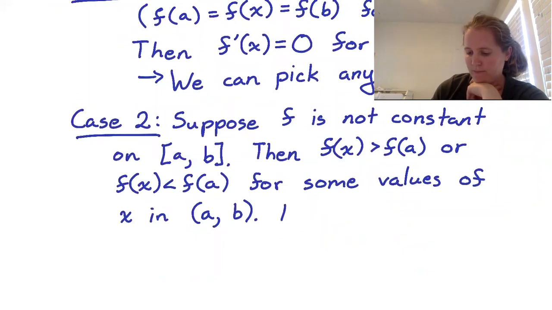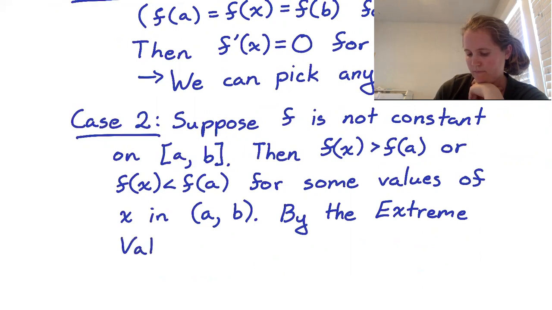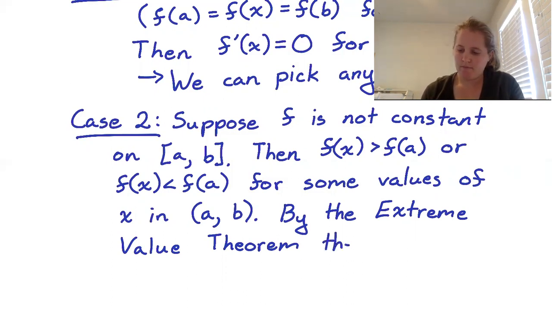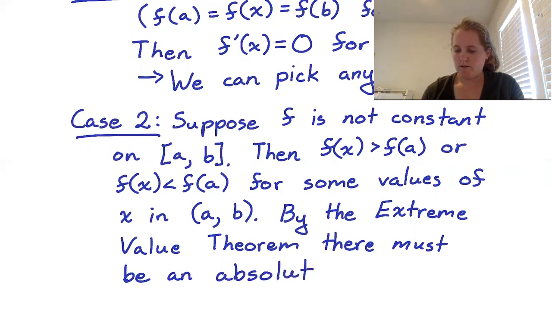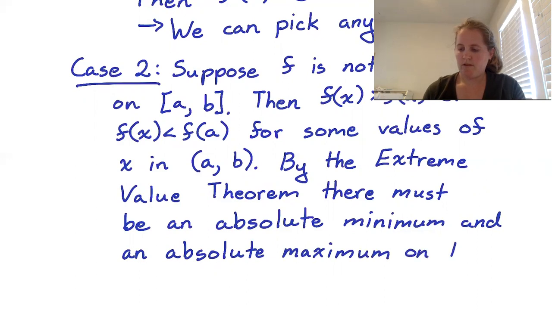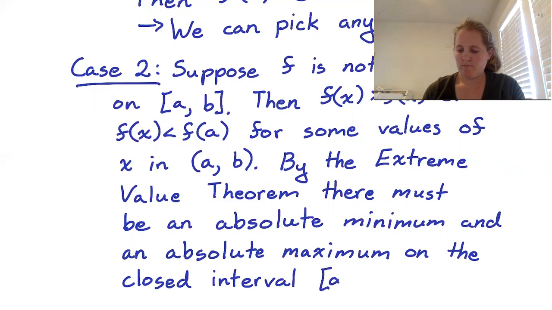Now, by the extreme value theorem, we know that there has to be an absolute minimum and an absolute maximum on the closed interval AB.